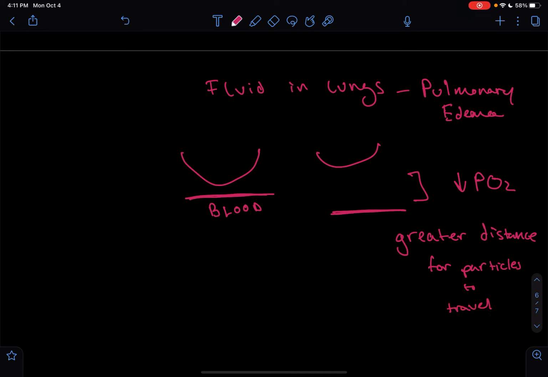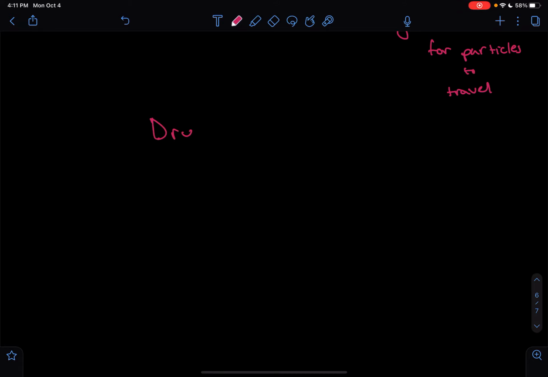Okay. The last thing that we're going to talk about very quickly is a little bit more about drugs, okay? So in general, keep in mind that when we're discussing weak acids and weak bases, this is where acids and bases come in. Drugs are usually in the form of weak acids or weak bases, okay?